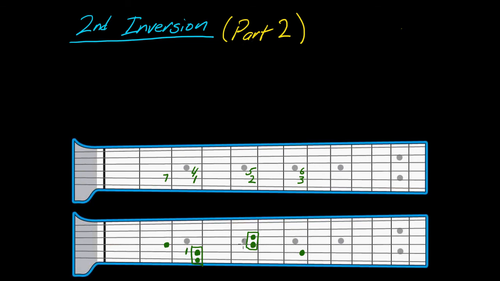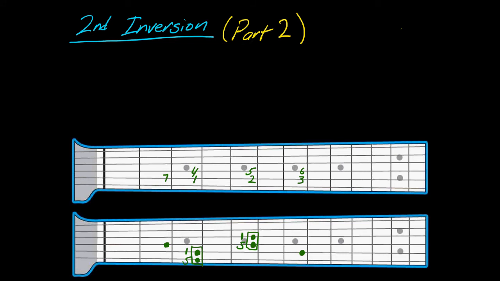Right here is the number 5 note. And here is the number 1 note. And here, this is number 5. So you got 5, 1, 5, 1. That's why these look exactly the same. Okay? That's why an easier way is just to find the root and go down.